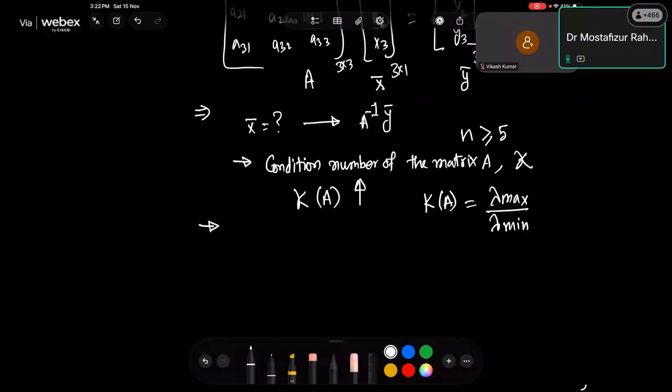The third part is, suppose my A matrix has dimension m cross n, and m and n may not be equal. So it's a rectangular matrix, and you cannot invert a rectangular matrix.